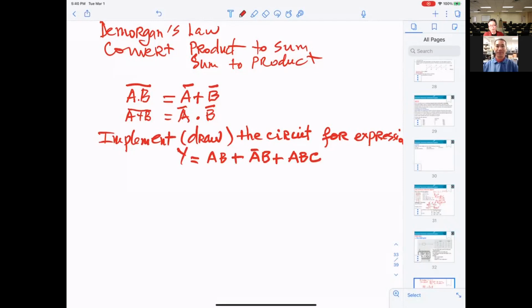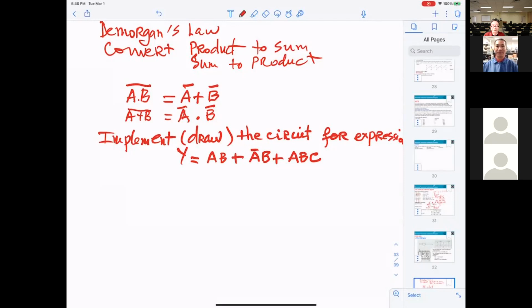If you look at that expression here, can you tell me how many inputs? 3. Exactly, 3 inputs. That will be A, B, and C. How many outputs? 1. Correct.